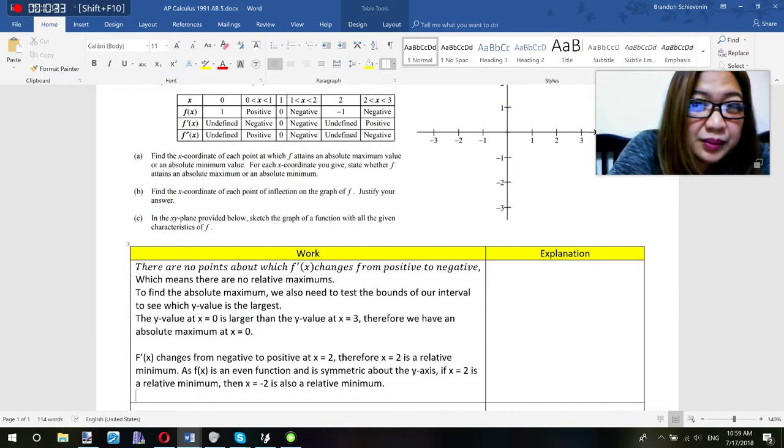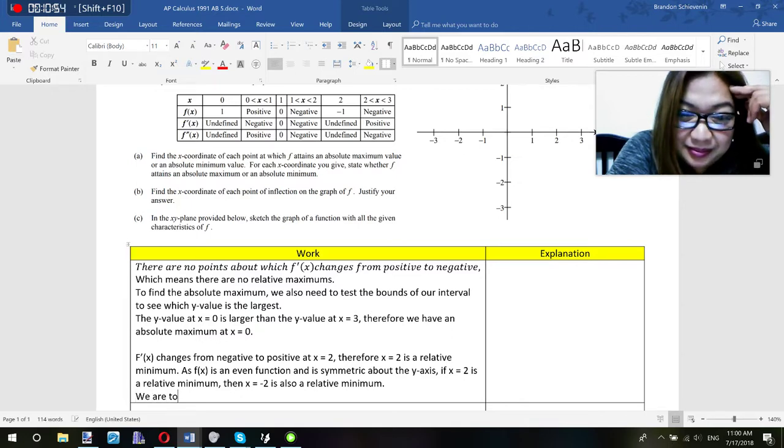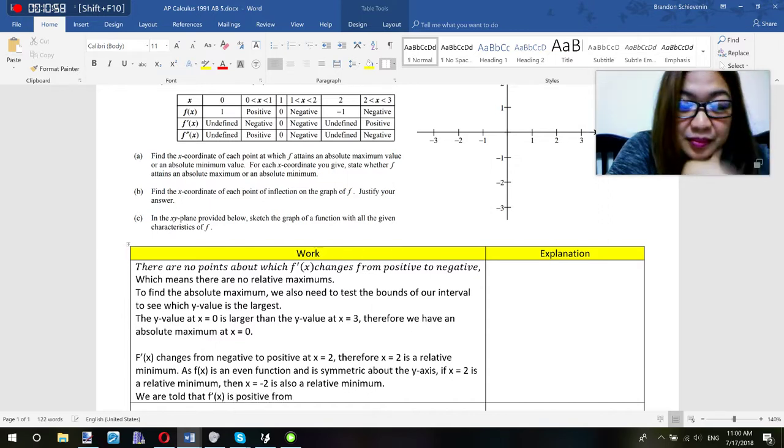The value is above -1 because the slope is positive for x greater than 2. So you're right, we know that our function is increasing. We are told that f prime of x is positive from x equals 2 to x equals 3.